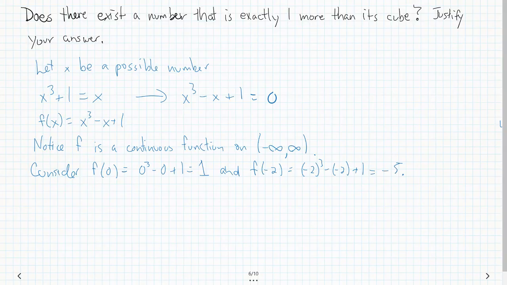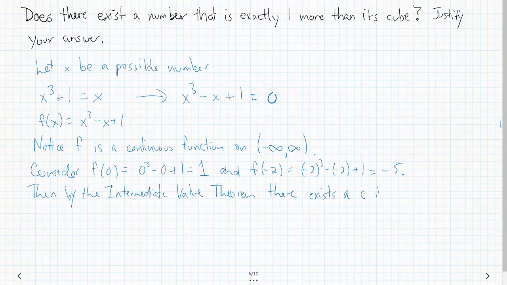Okay, so what does that mean? Well, by the intermediate value theorem, there exists a c in the interval.